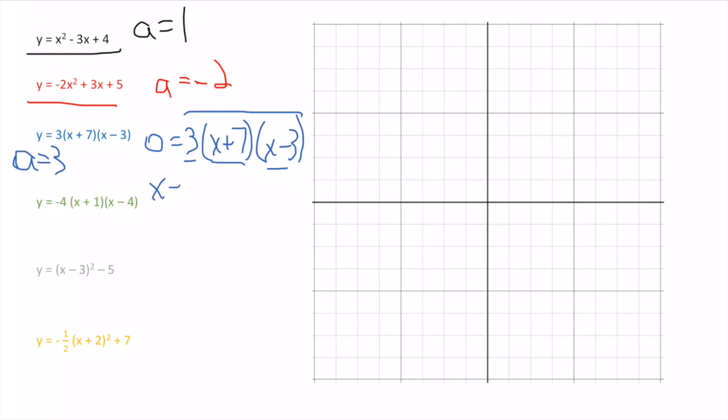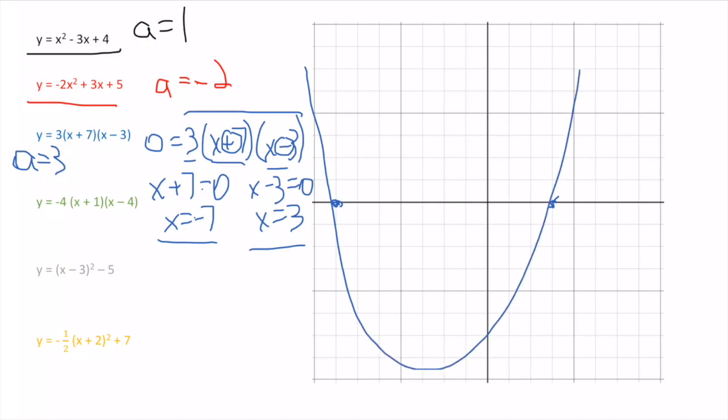So if x plus 7 equaled 0, then x actually equals negative 7, just solving for x. And the same thing, if x minus 3 equals 0, x actually equals 3. So my roots here have the opposite sign of what is shown. So x equals negative 7 is one root, and x equals 3 is the other root. So it looks something like that.